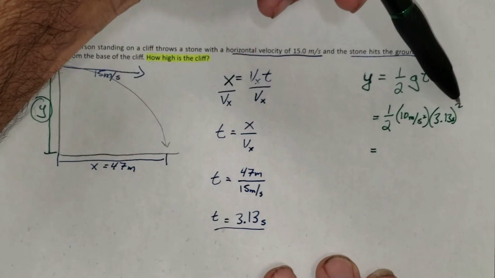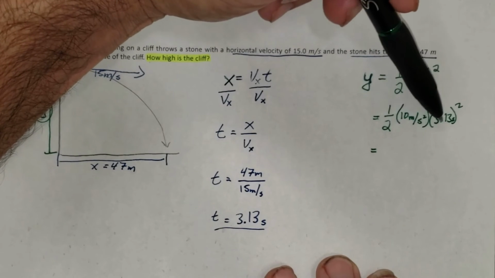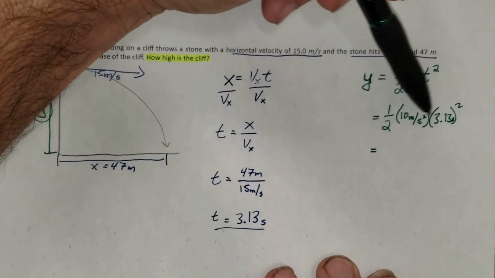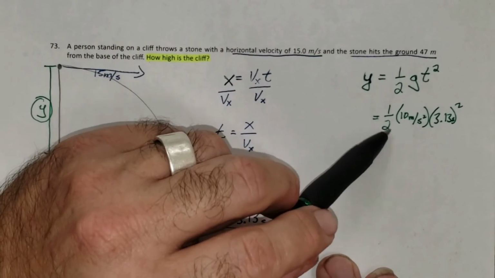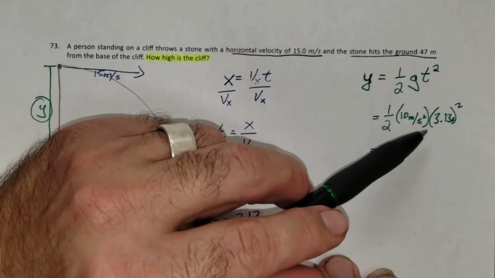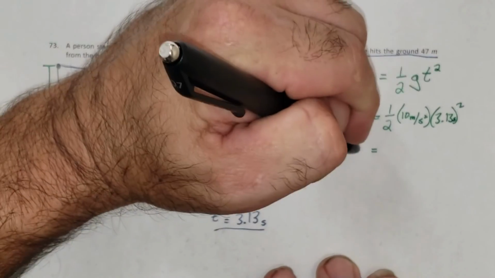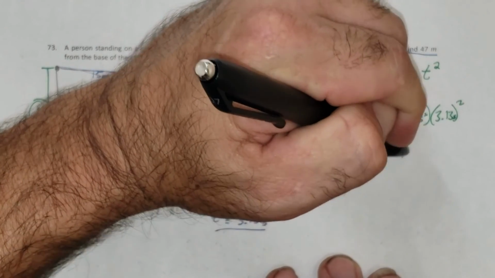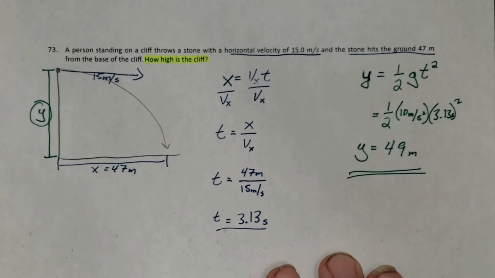Remember, that exponent of 2 only applies to the t, to the 3.13. This whole thing is not squared. Only this. Now, when you plug this into your calculator, 1/2 times 10 times 3.13 squared, we get an answer of y equals 49 meters tall. So our cliff is 49 meters tall.